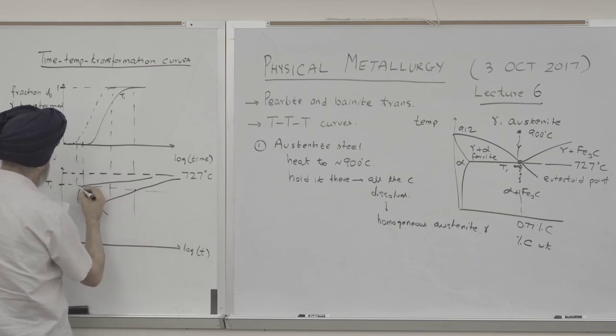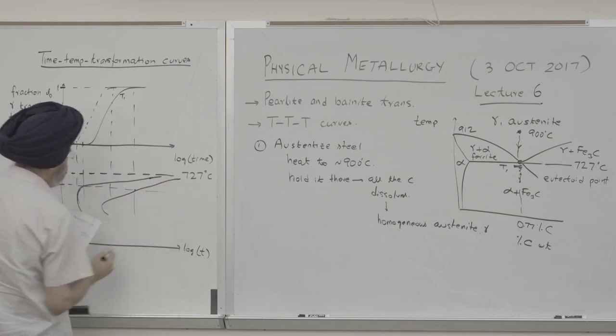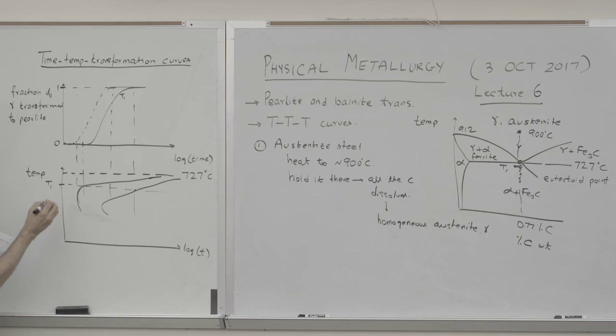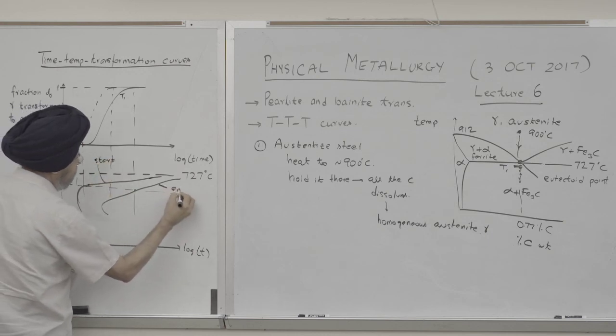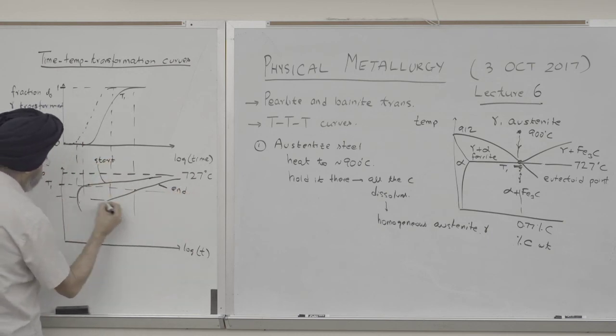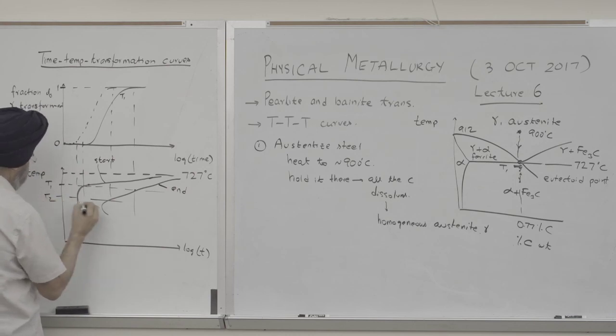We'll get a curve like this. What this curve is telling us is that this is the start of the transformation, and this is the end. At each temperature, so this is T2 and T3 and so on.